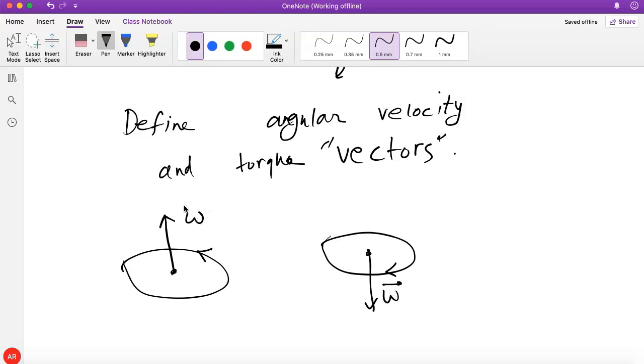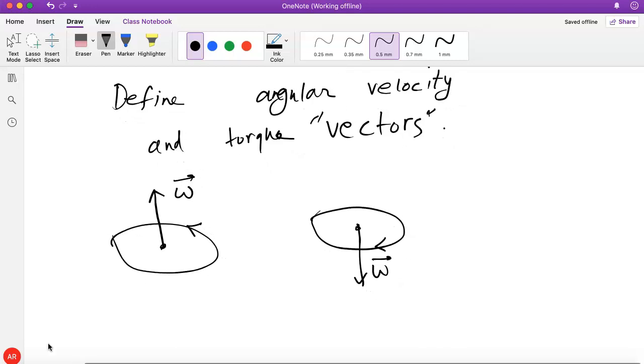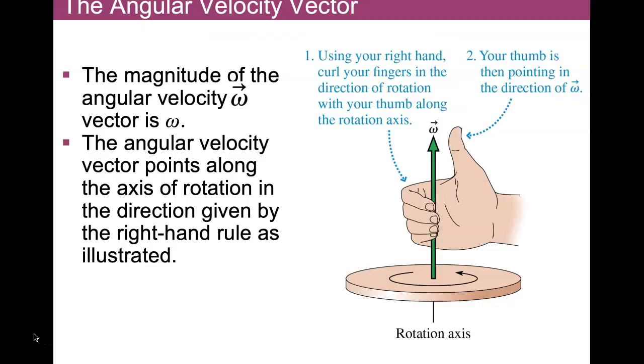So this is an angular velocity vector in the direction of the axis of rotation, perpendicular to the plane in which the rotation occurs. This is a better figure with a picture of the hand and the thumb in the direction of the rotation. So we can define this vector whose length, whose magnitude, is the absolute value of omega we calculated.